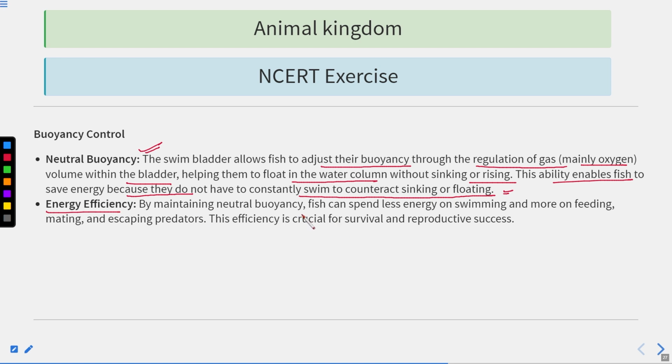By maintaining neutral buoyancy, fish can spend less energy on swimming and more on feeding, mating, and escaping predators. So in phenomena like feeding, mating, and escaping from predators, this buoyancy helps them, and this efficiency is crucial for survival and reproductive success.